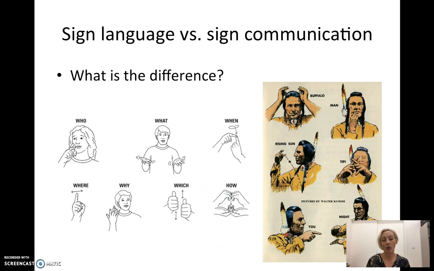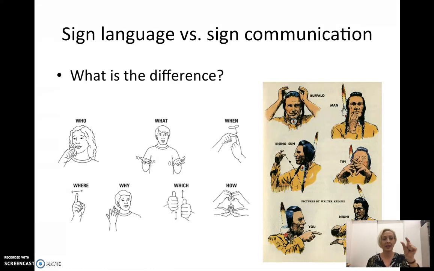It's similar with sign communication, for example, in Native American Sign Language. And you can see the examples here above me. So you see, for example, that this is a sign for a buffalo.